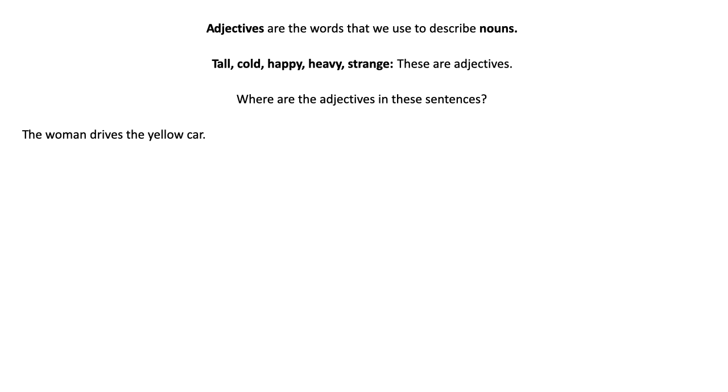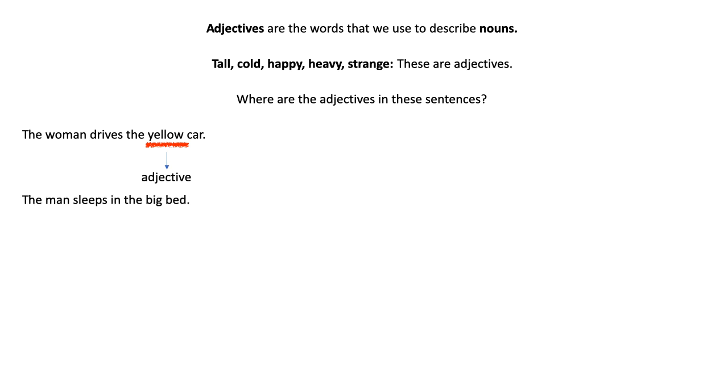And then we have the, which is an article. We know that. So yellow is our adjective. And if you think about it, yellow is describing the car, right? That is why it is an adjective. It is describing the noun car, so we know that it's not any car that the woman's driving, that it is a specific color, right? The word yellow, being an adjective, is telling us something about the object that the noun is referring to, right?